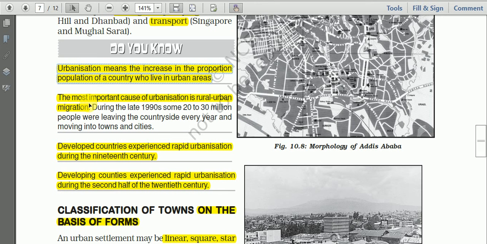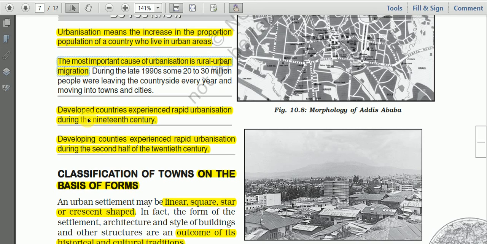And the most important cause of urbanization is rural to urban migration, that we have already discussed. The most important cause for the increase in population in big cities is rural to urban migration.